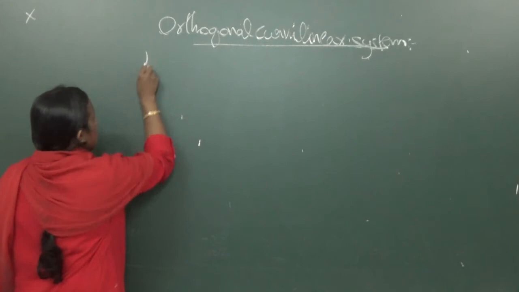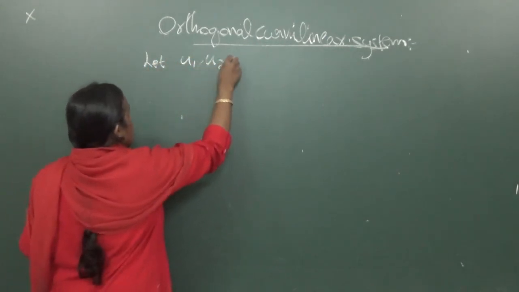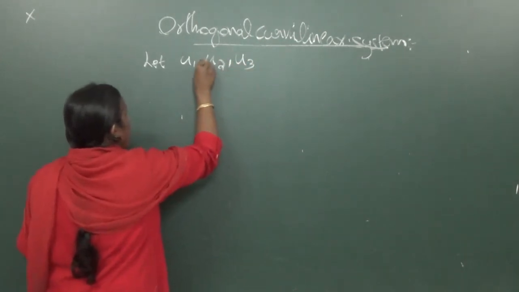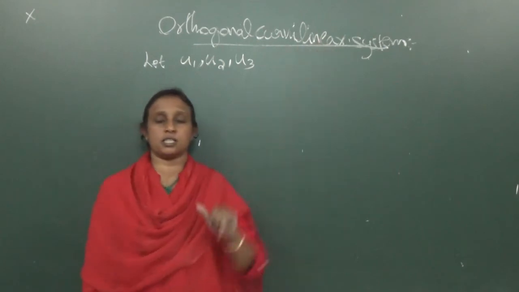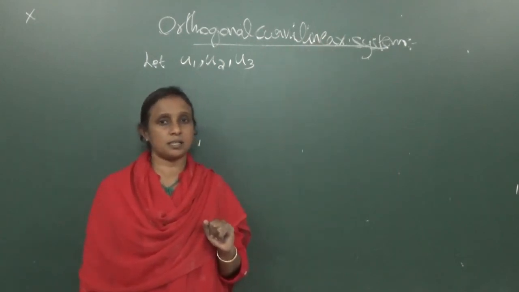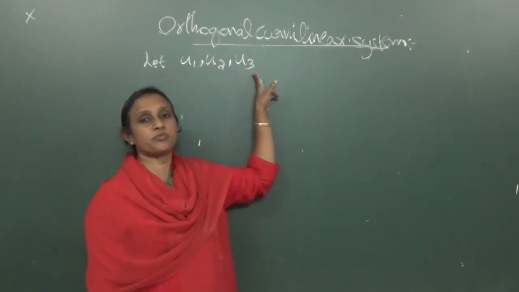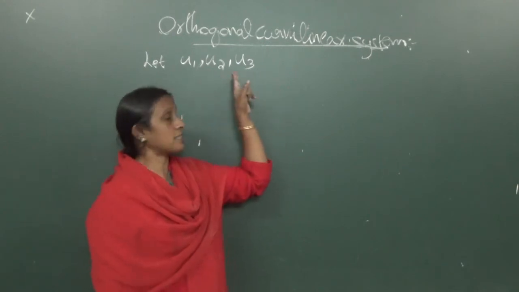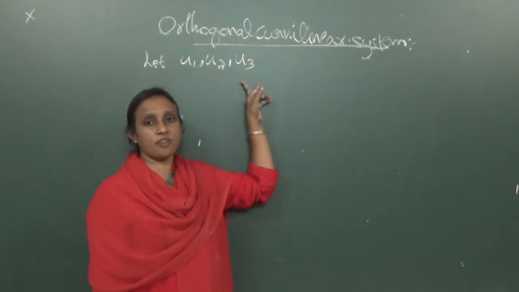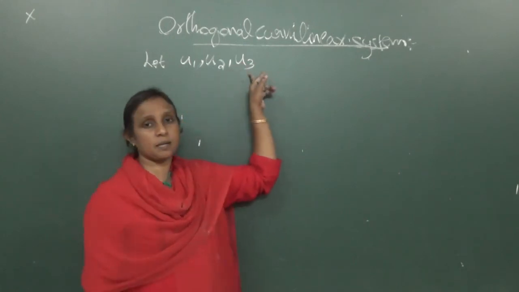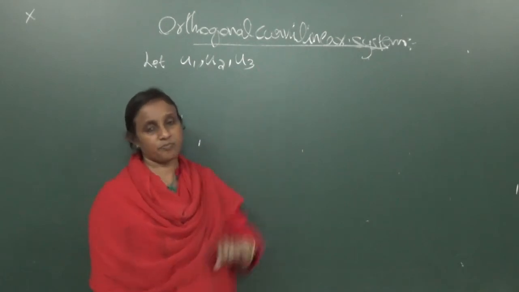Let U1, U2, U3 be the different axes in this orthogonal curvilinear system. If this is the Cartesian system, this is equal to x, y, z. If this is the spherical system, this is equal to r, theta and phi. If it is the cylindrical system, this goes to s, phi and z.